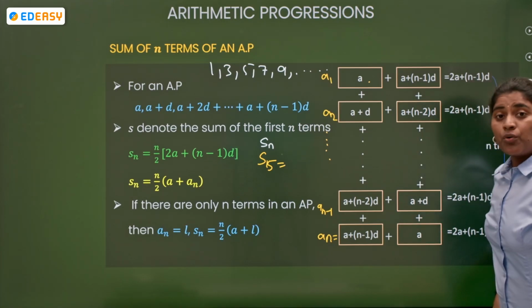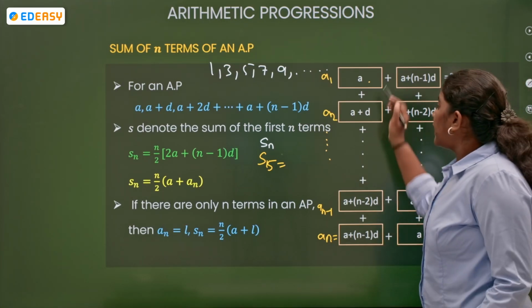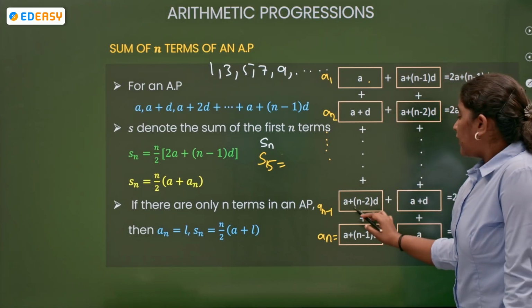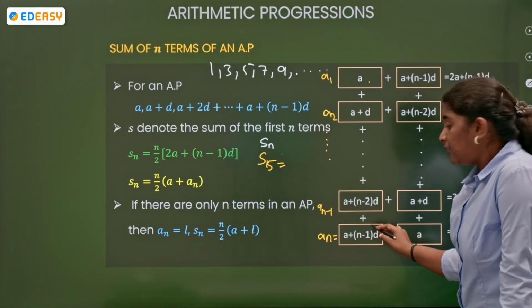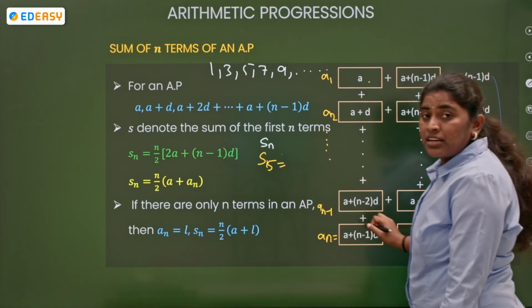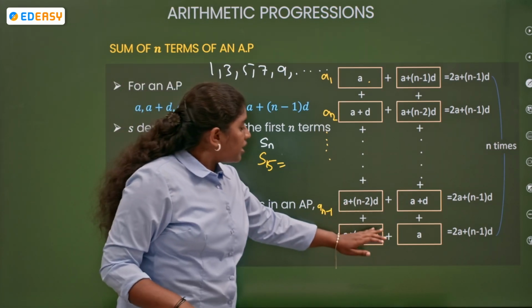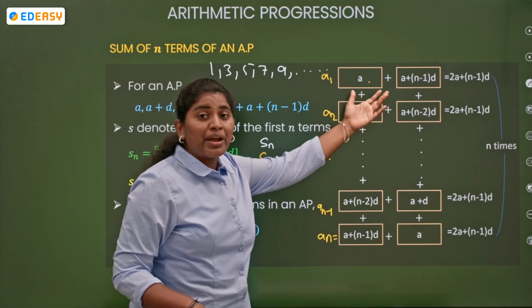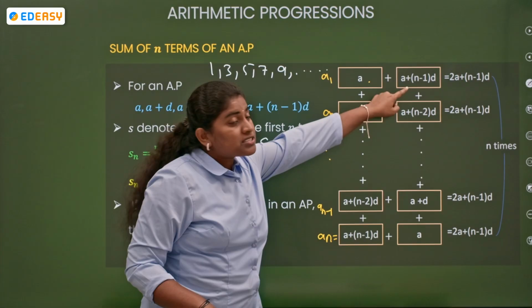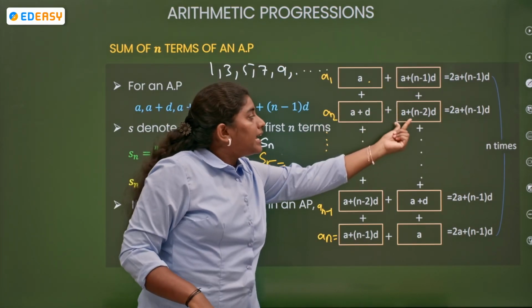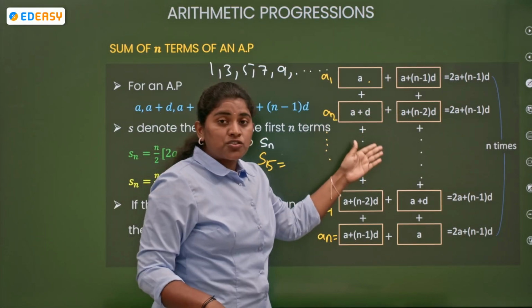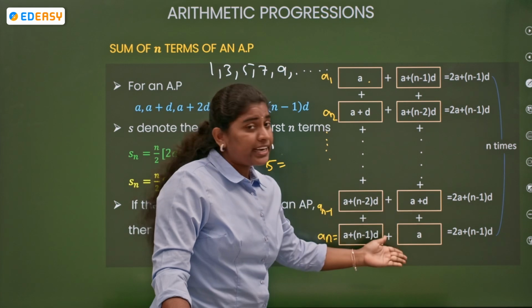Now I take an AP with a plus d and so on, a plus of n minus 1 into d, and a plus of n minus 2 into d. Now I take the reverse of my AP as a plus of n minus 1 into d, a plus of n minus 2 into d and so on, a plus d and a.